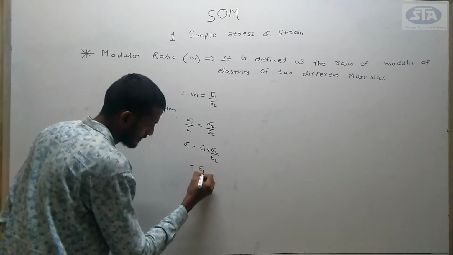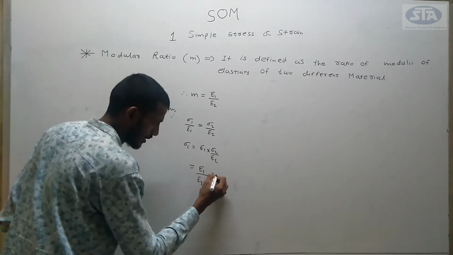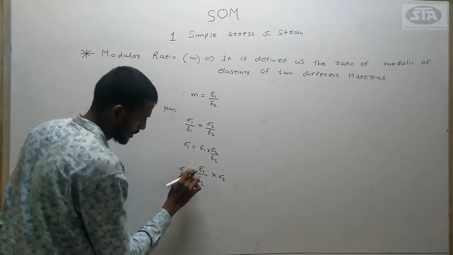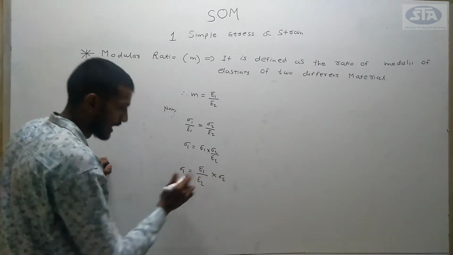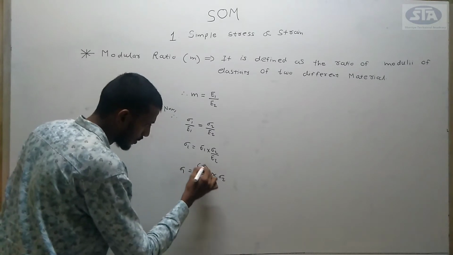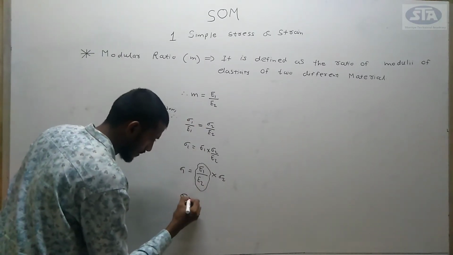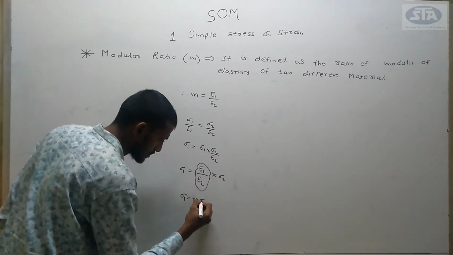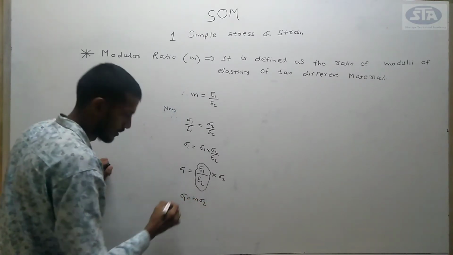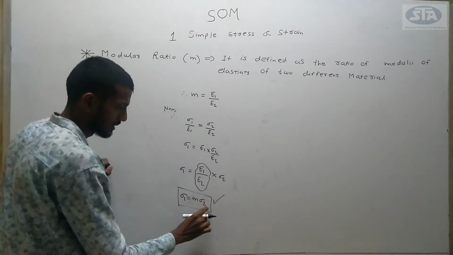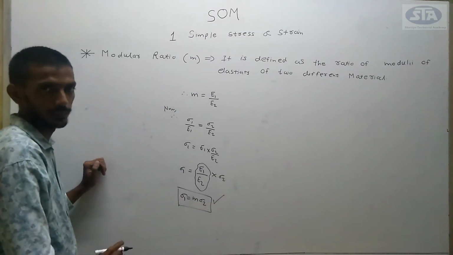Rearranging, sigma 1 is equal to E1 upon E2 into sigma 2. That E1 upon E2 is called small m. So we replace: sigma 1 is equal to m times sigma 2. So we get another relation between sigma 1, sigma 2 and m.